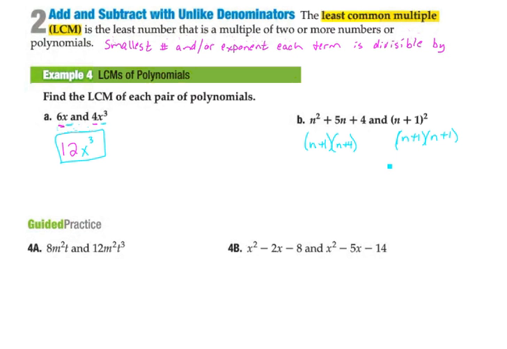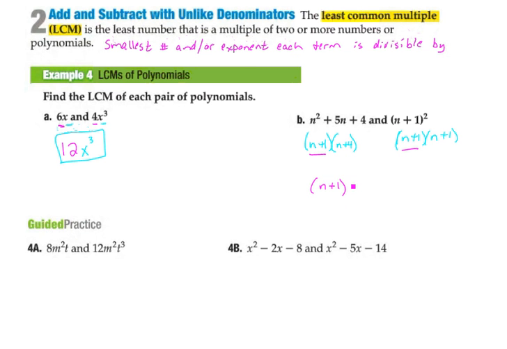Now's the fun part. Again, what is the least common multiple? What could I divide each one of these by in order for us to have no remainder, basically? Well, look at this. They have an n plus 1 in common. So we know that that is one of our factors. What's left over?